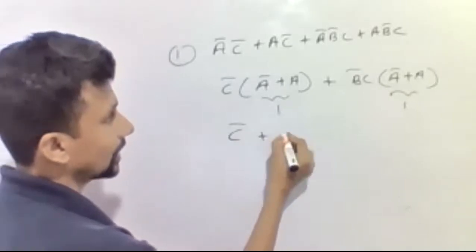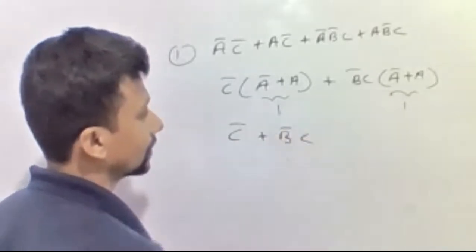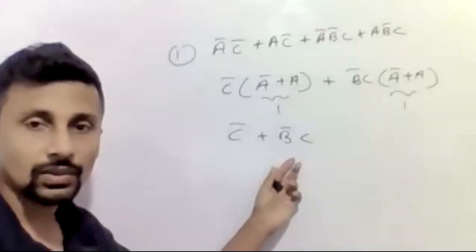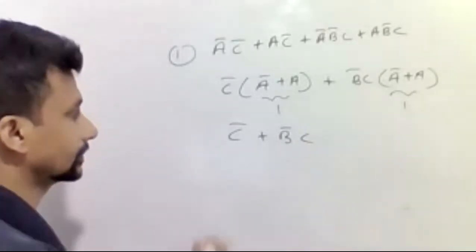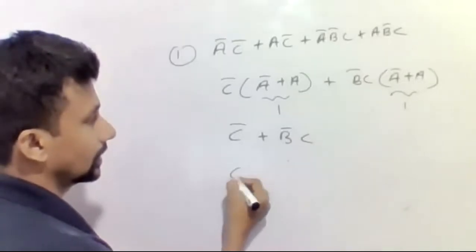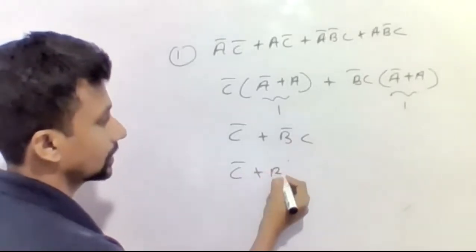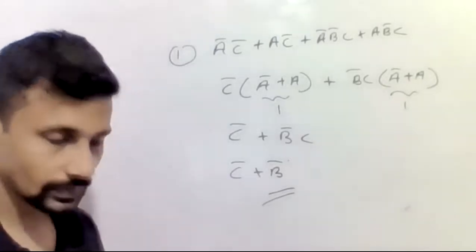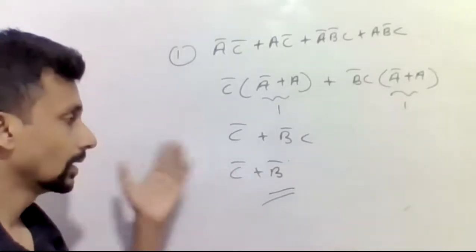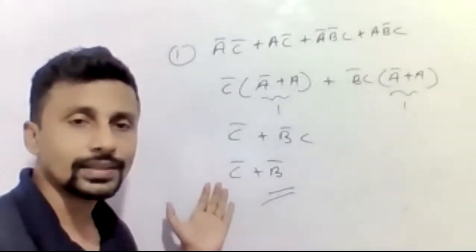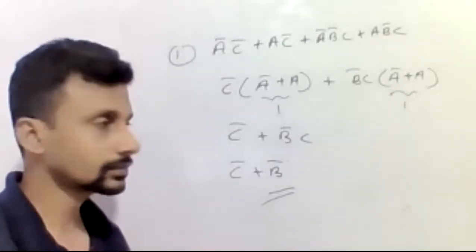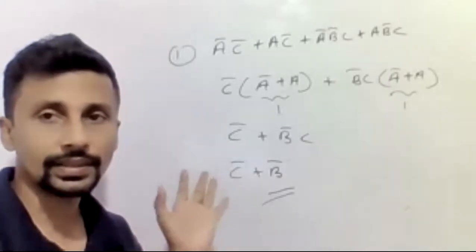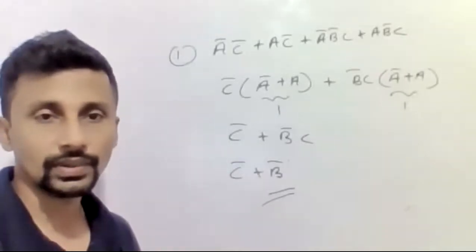So C dash plus B dash C, by using the redundancy law, I can write C dash plus B. So this is the same answer. You can use the absorption law and you'll get the same answer. That's why I told you, whatever it is, you'll be getting the same answer if you do it properly.